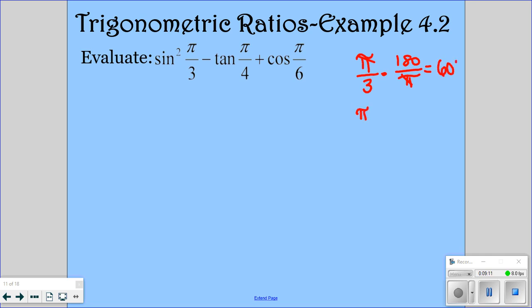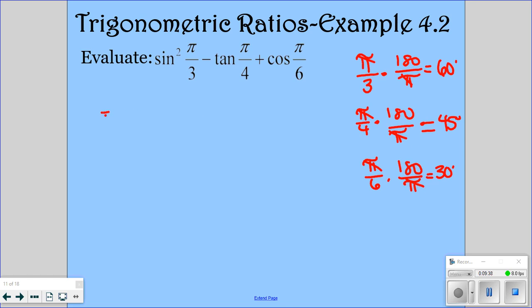For pi over 4, hopefully maybe you remember it from the previous slide, but if not, you can convert it using your 180 over pi, and it's going to be a 45-degree angle. And then pi over 6, again, you can convert it, but it'll be a lot easier if you just recognize that that's the same thing as a 30-degree angle.